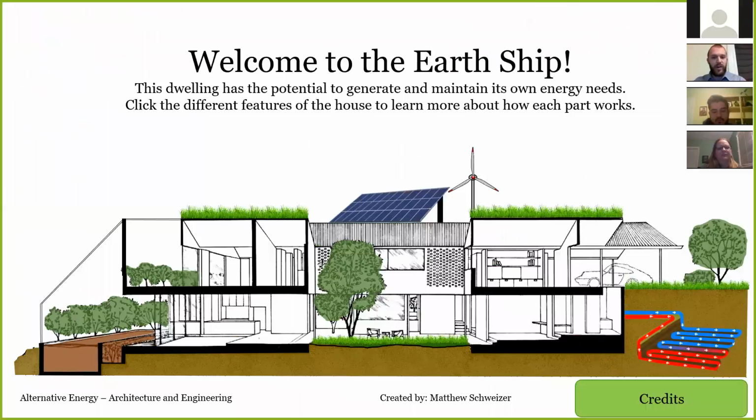When you go to the opening screen, what you can do is click on different parts of this house. Since I teach architecture and engineering, a unit that I do is sustainability with my kids. So having something all in one with external links and explaining the different processes can really help my students learn. Something that you guys might not be aware of is green roofs.